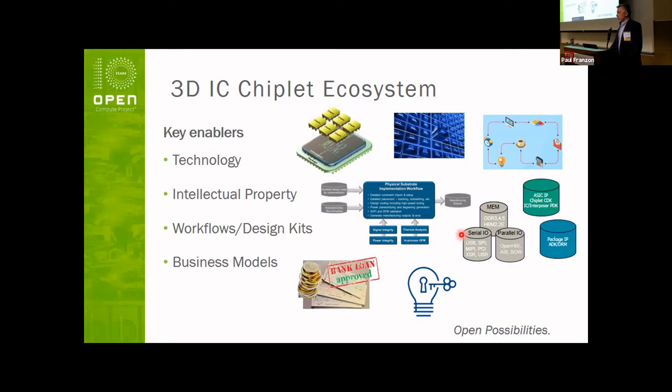So the providers will be selling silicon chiplets delivered as known good die, but there's also models associated with that. And so there'll be different business models and pricing mechanisms, as well as the support. The providers will need to provide some level of support for the integrator so they can integrate those chiplets into their IP and also debug if necessary.